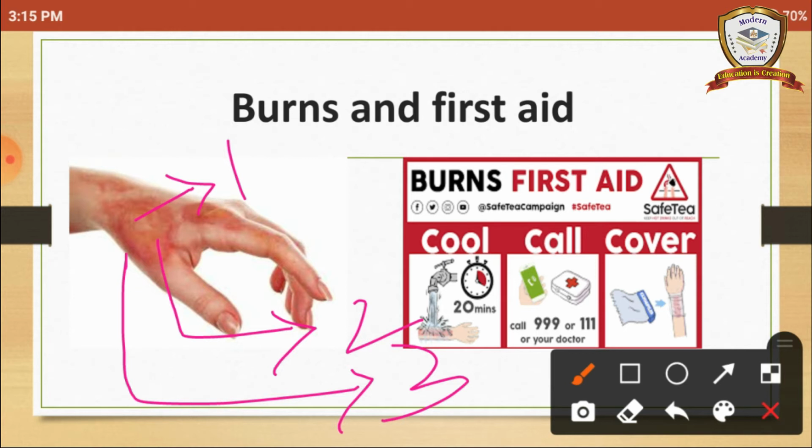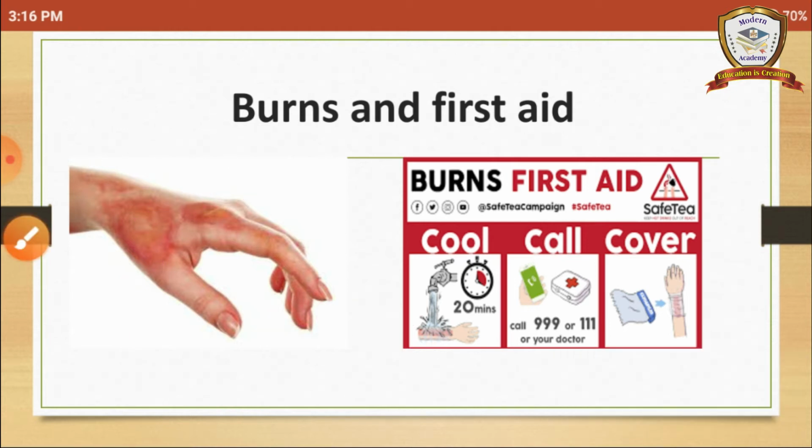First degree means no problem, it only takes a few days to recover. Second degree burns need some days to recover, and in third degree burns the epidermis is completely damaged, so they need much time to recover. And what first aid can be done for burns?